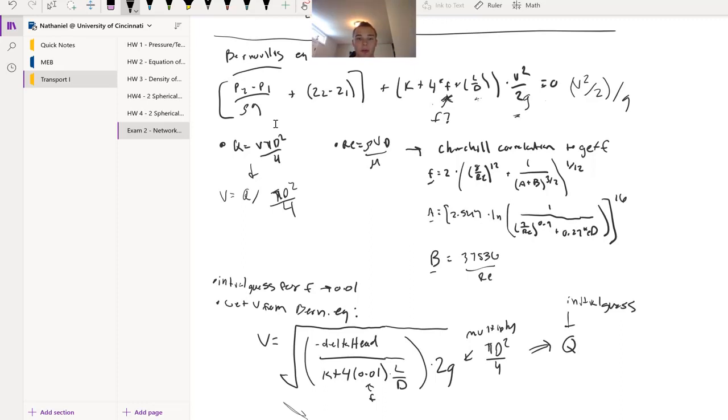So that is coming from our Bernoulli's equation. We're going to say this expression right here is going to be what we call our delta head when we get there.